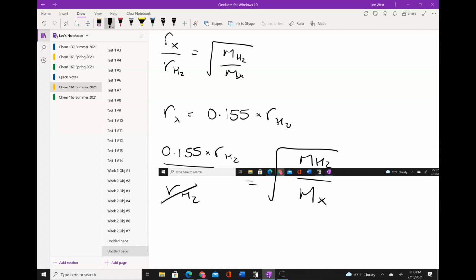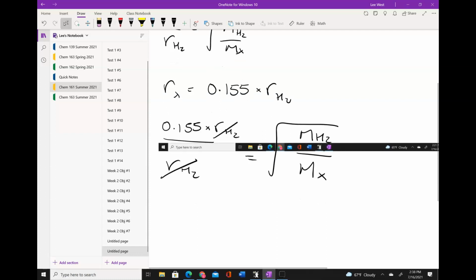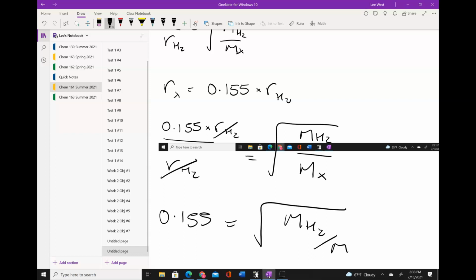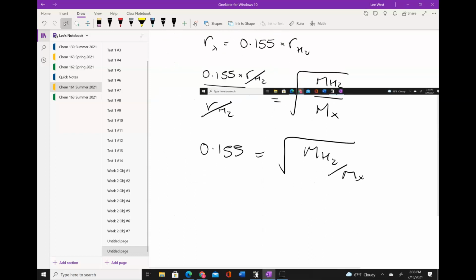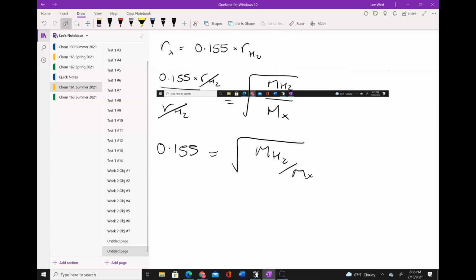So the terms for the rates cancel out, and that leaves us with the expression that we can use to solve for the mass of our unknown. And once we've got that, we just have to look that mass up in the periodic table.